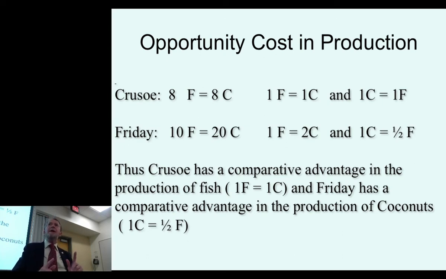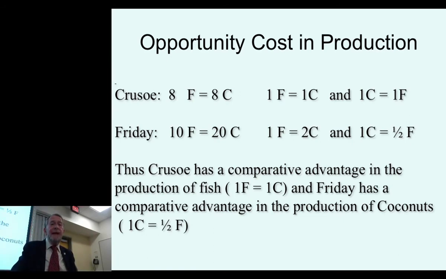Now here's what we want to do, thinking like economists. We know, applying economic thinking, that the cost to Crusoe of gathering a fish is what he could have done with the time. Everybody with me? It's opportunity cost. The cost to him of that fish is what he could have done in coconuts, and it is 1 coconut.